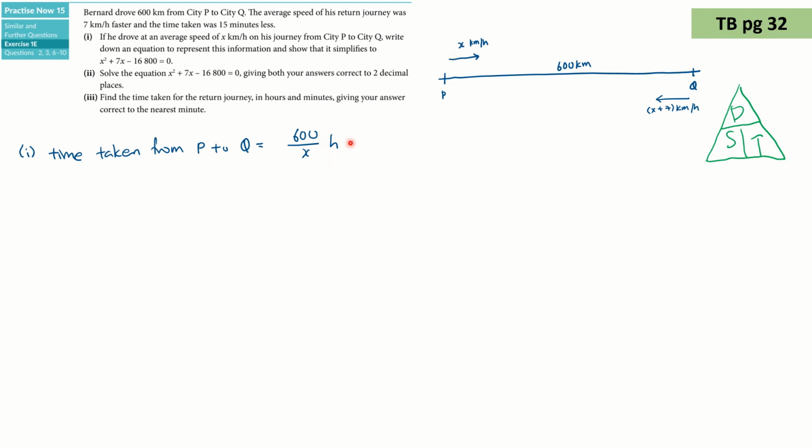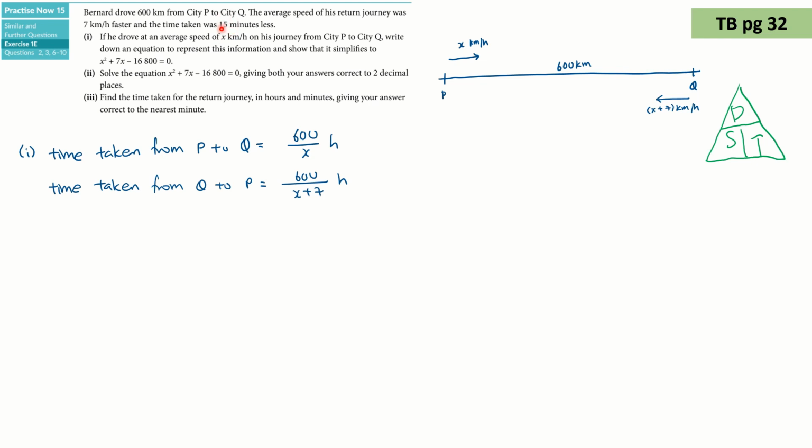And keep in mind that the unit involved for the time taken is in hours, because our speed was in kilometers per hour. Then the time taken from Q to P would be 600 kilometers, which is the distance as well, divided by X plus 7, which is the speed from Q to P. So now that we have formed the respective expressions for the time taken from P to Q and Q to P, I know that the difference in time is 15 minutes less.